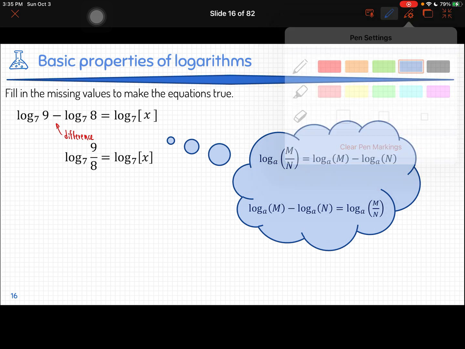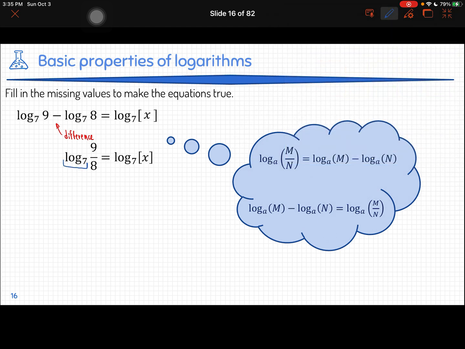So at this point, we see that this logarithm and this logarithm are the same. So it means that this 9 over 8 must be equal to x in order to keep this equation true. So we can say that this is the answer. This equation is true when we fill in the space with this 9 over 8. And the way to justify this is because of this property.